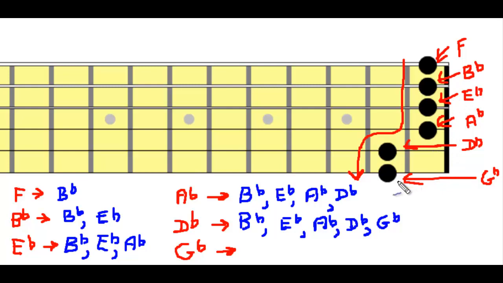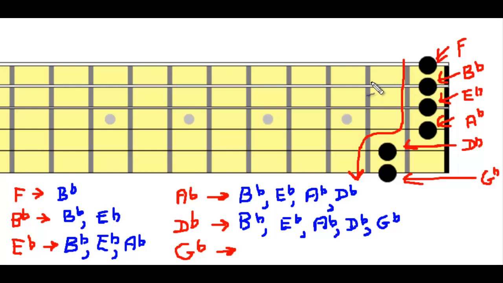Now, because both the first string and the sixth string of the guitar is tuned to the same letter name, E, we can just go back up to the top string and continue with this process of dropping down underneath. Now, the note that would be situated under our G flat would be the note B. But because we're dealing with flat keys, we know that this note would be automatically flattened.